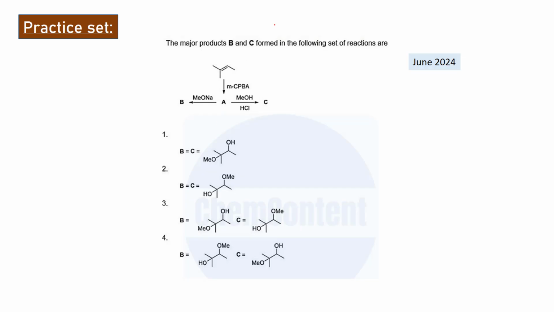You know that if mCPBA is given to a double bond, it will generate an epoxide. So A will obviously be an epoxide.